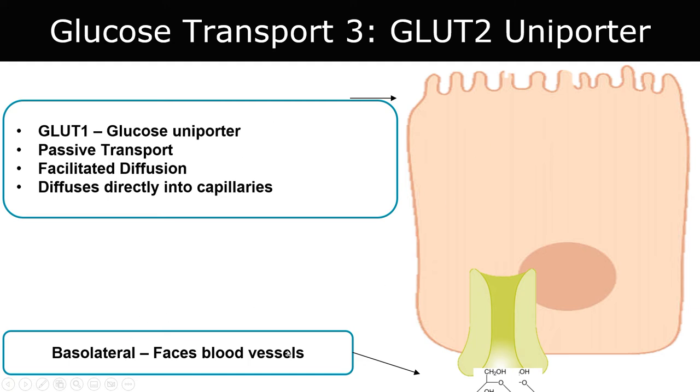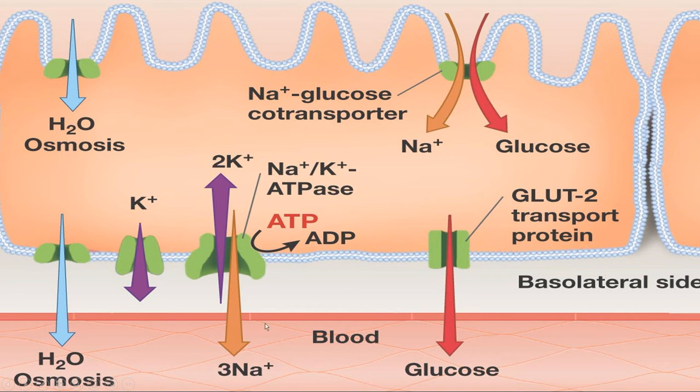So this basolateral side is facing the blood vessels. And so these blood vessels are going to go all over the body, and there are a couple destinations that glucose can go to after that, but we'll talk about that in a minute. So this is basically the entire overview of glucose transport.